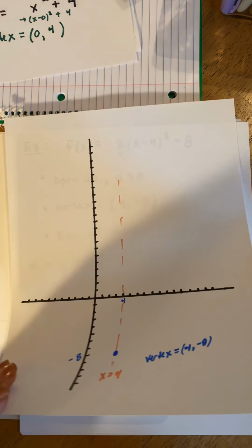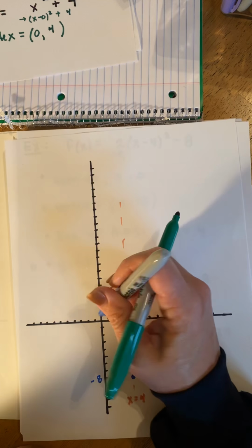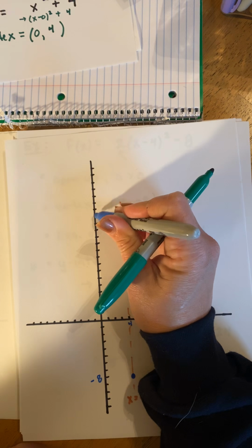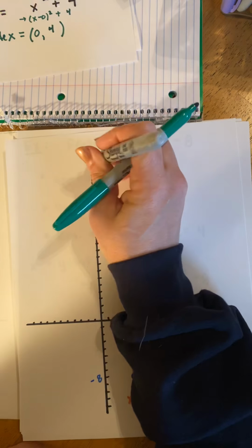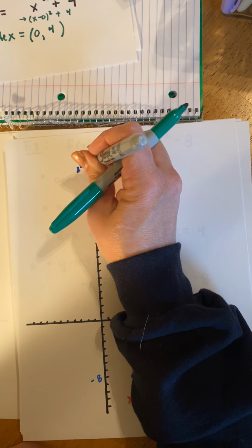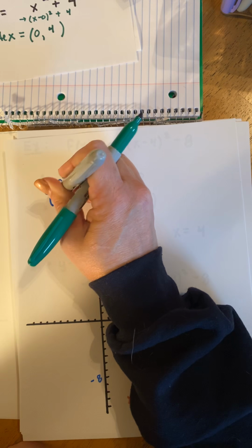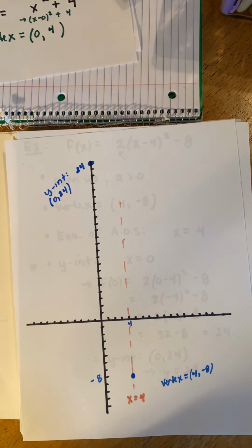We worked hard and we got the y-intercept to be 24. So 1, 2, 3, up to 20, and 24 would be up here. So my y-intercept is (0, 24).